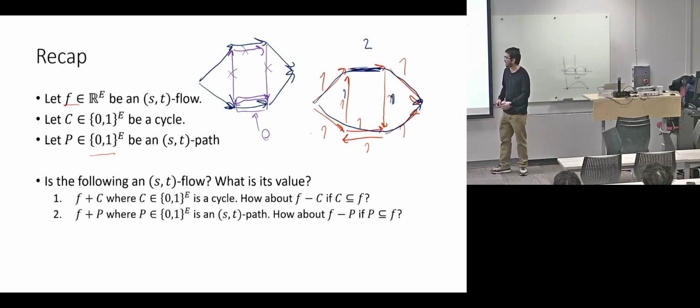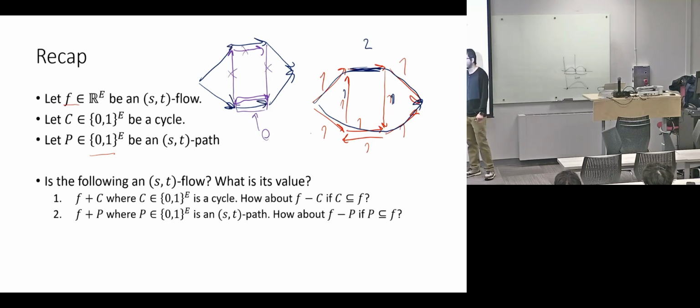It could be the case that once you subtract the path, your flow value is 0. That can happen. But a flow with value 0 is still a flow. So the answer here is that it's still true. It's still a flow. And the only thing you need to check again is flow conservation and the capacity constraint.